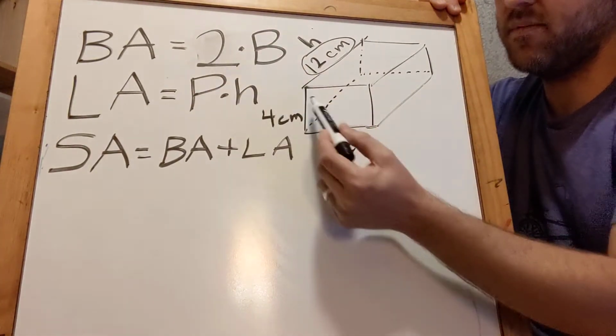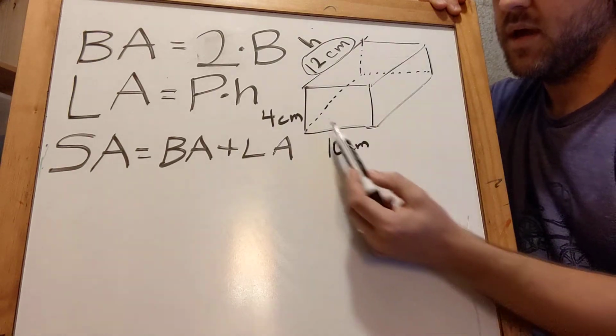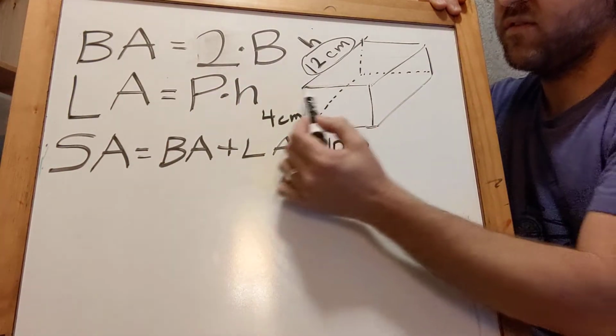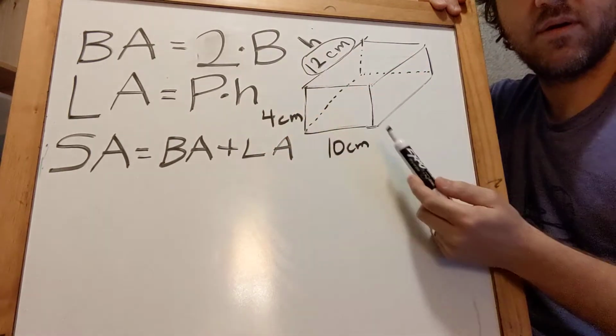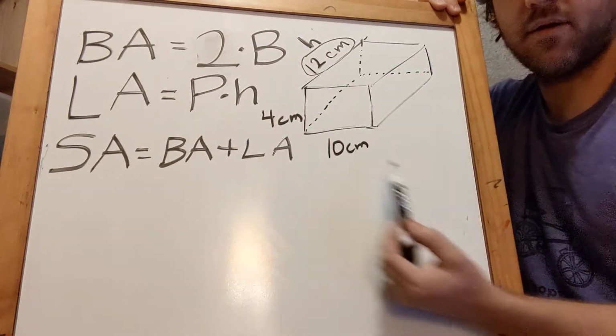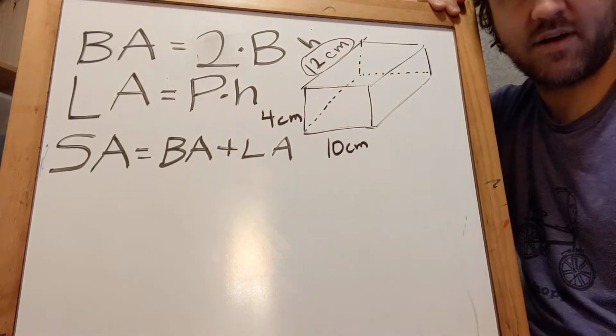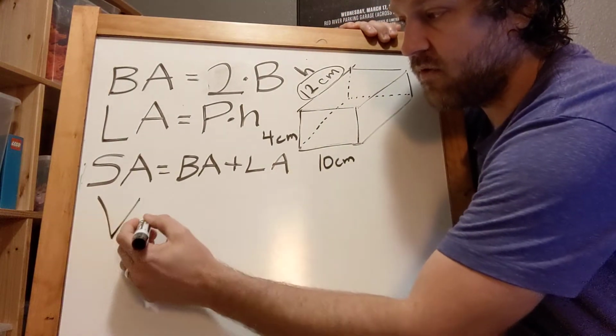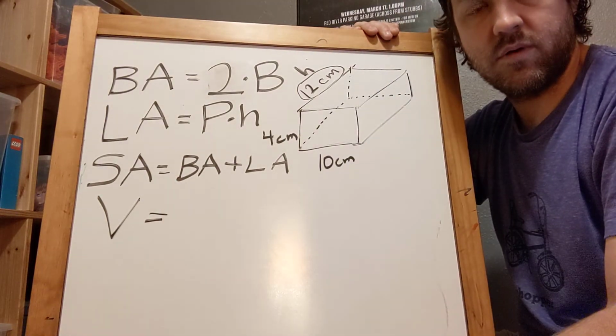So we're going to do 2 times the area of this base, and that's going to be the base area. And then we're going to do the perimeter of this base, and we're going to multiply it times this number, H, and that's going to be the lateral area. Together, that's going to make the surface area. And then what's cool is that actually the volume comes from the same set of values.